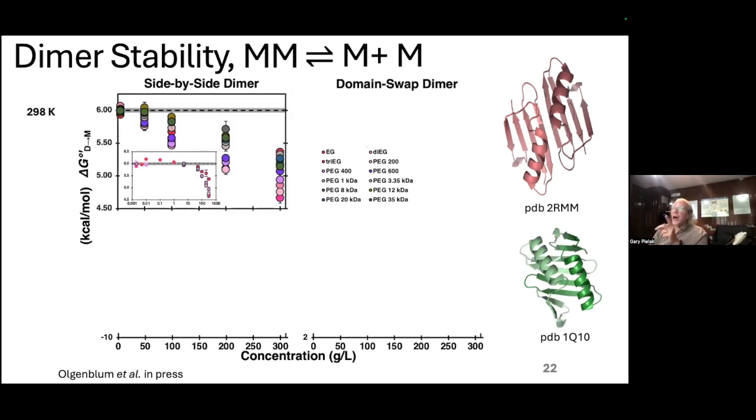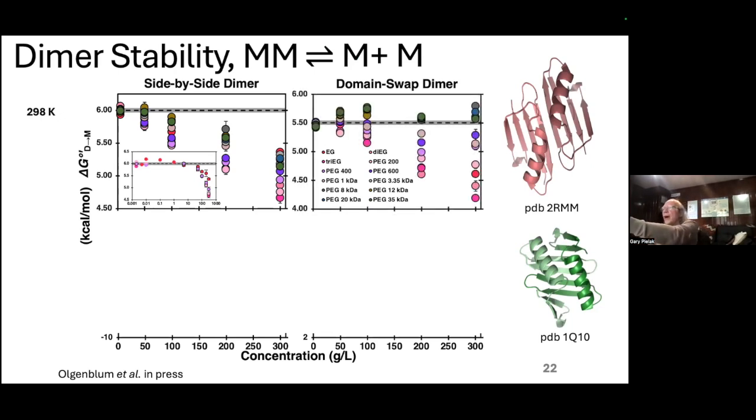The first thing you notice, here's the side-by-side dimer data, is crowding isn't stabilizing, it's destabilizing. And for the domain swap dimer, it's almost the same thing, although with some of the larger PEGs, we do see a very small stabilizing effect. I should say that the dashed horizontal line is the value in buffer.